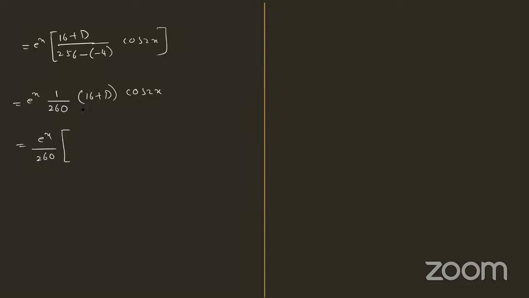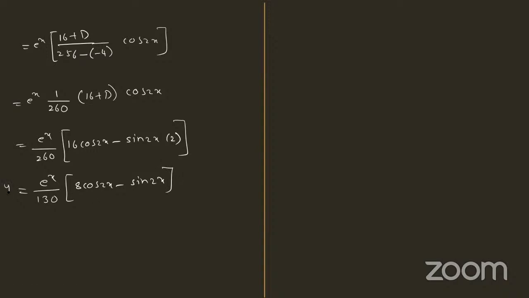And if you operate these things, it is 16 cos 2x plus differentiation of cos 2x, minus sin 2x into differentiation of 2x, which is 2. So you can take a 2 common from these two things. When you take 2 common from them, it becomes e power x divided by 130 into 8 cos 2x minus sin 2x. I just brought 2 out of these two, so that this is cancelled here.